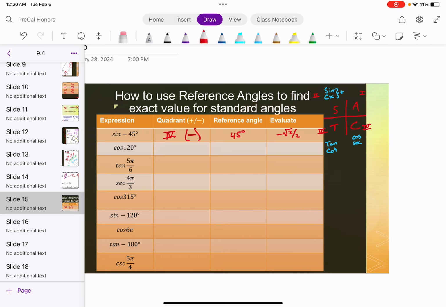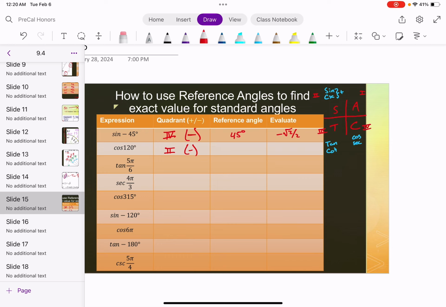So let's take a look at our next problem. Our next step is going to be our quadrant for cosine. Quadrant for cosine would be quadrant 2, and this would fall as being negative.